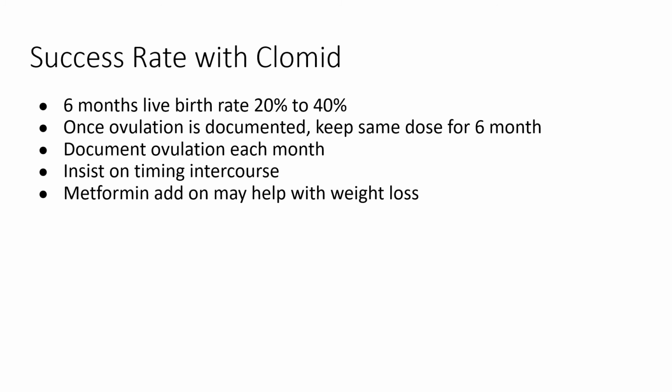Each month, document ovulation with LH stick and with progesterone, because you may notice that a patient who ovulated on 100 milligrams then needs an increased dose, and insist on timing intercourse.